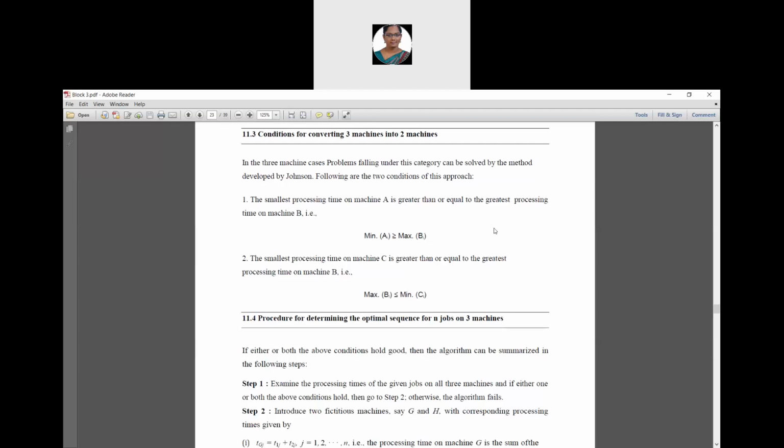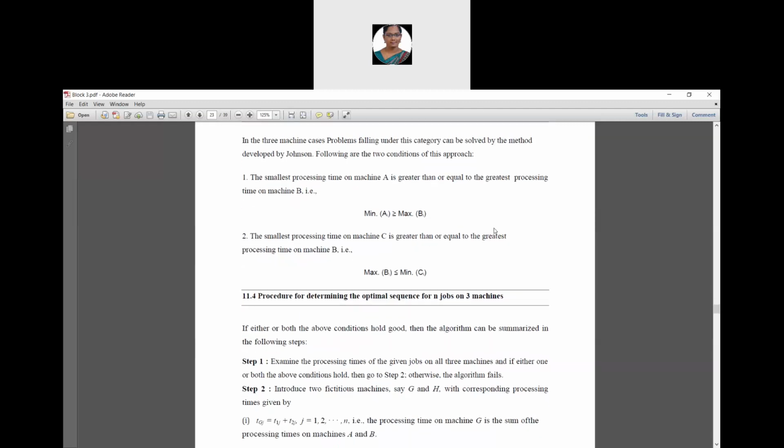And the second condition, the smallest processing time on machine C is greater than or equal to the greatest processing time on machine B. That is, minimum duration of the third machine C is greater than or equal to maximum duration of the second machine B. That is, minimum of C greater than or equal to maximum of B, or else maximum of B less than or equal to minimum of C. Both are right.